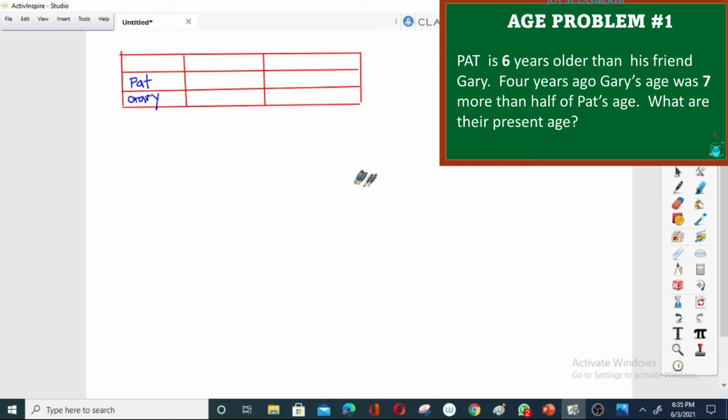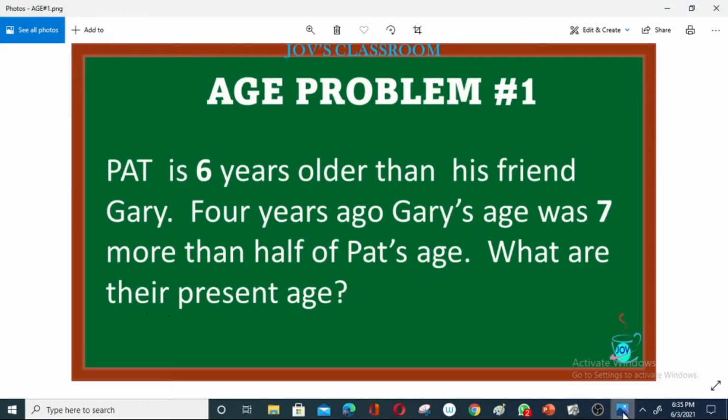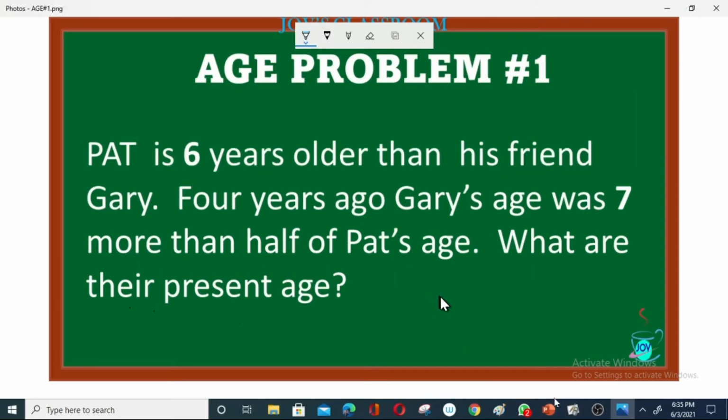So based on the problem, let's analyze. Pat is 6 years older than his friend. So in age problems, a person that is not described in the problem will be our X. For example, in this case, Pat is 6 years older than his friend Gary.